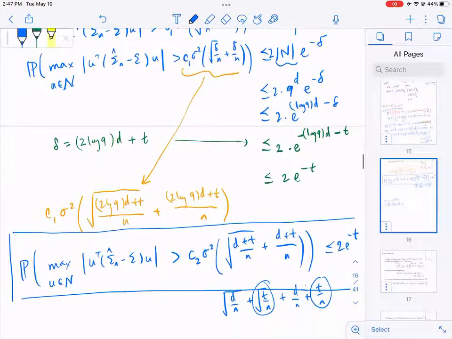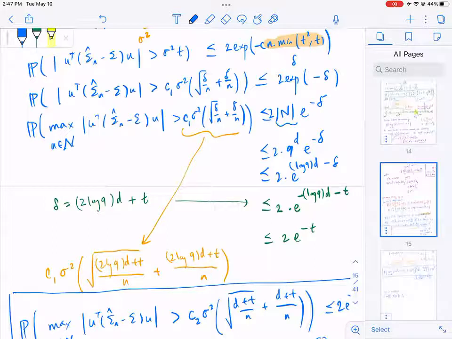But you can see once I move the complexity to this part, then it's really easy to figure out what delta should be here. Otherwise, I have delta and delta squared, then you have to worry a little bit how to choose the delta to cancel the d. But this just simplifies the argument.